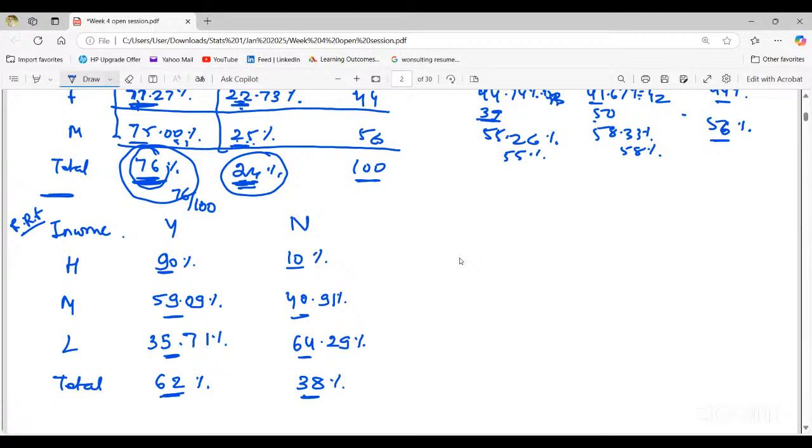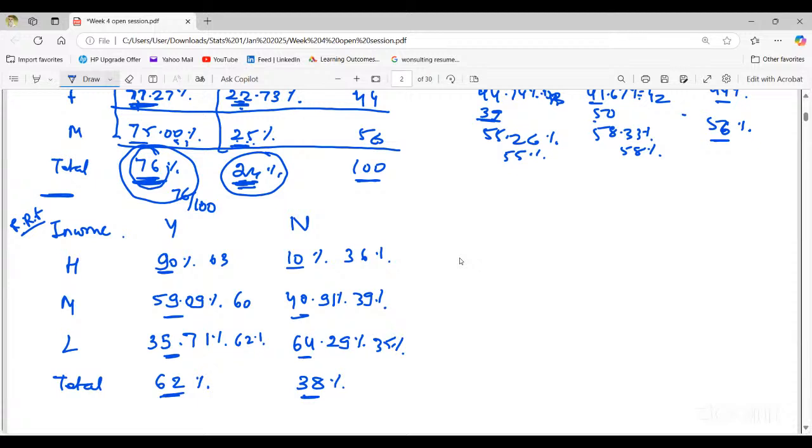Ma'am, basically, 80 upon 10 should be equal to 59 upon 40 to make it non-associated. Correct. If the numbers were, let's say, 63%, 60%, 62%, and this would be 36%, 39%, 35%, somewhat like that, then it is a bit the same, correct?